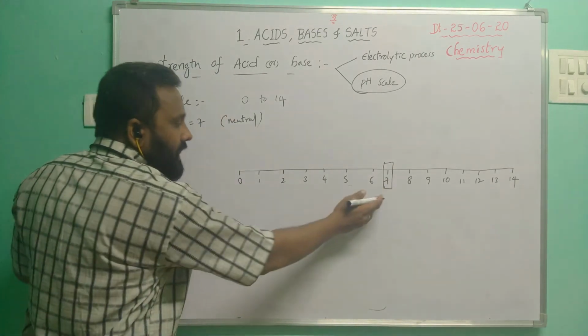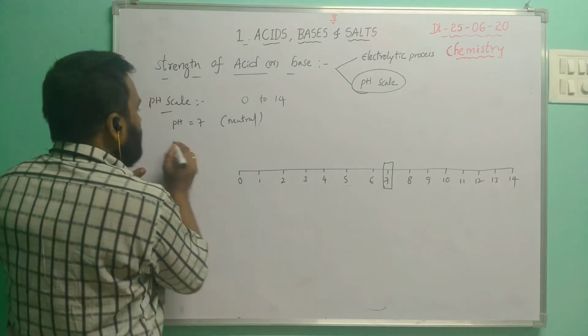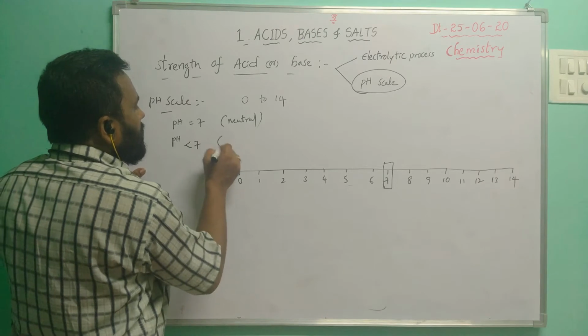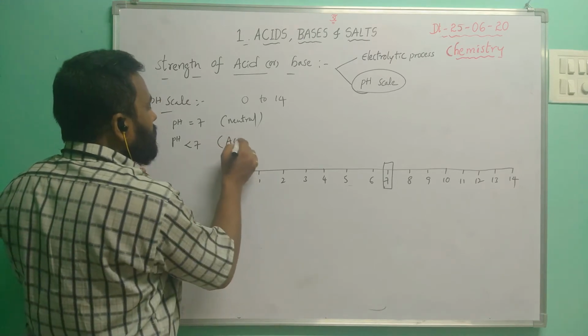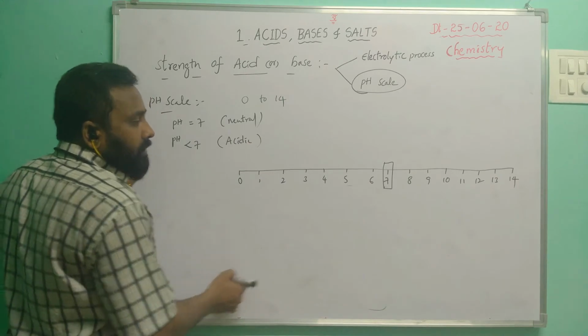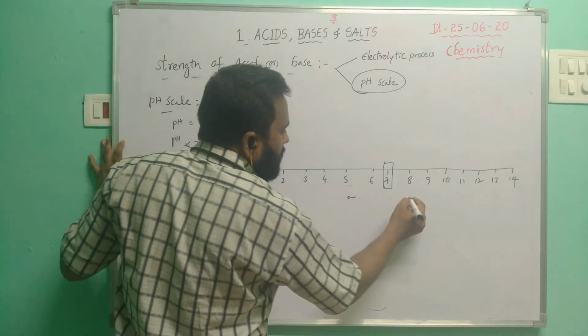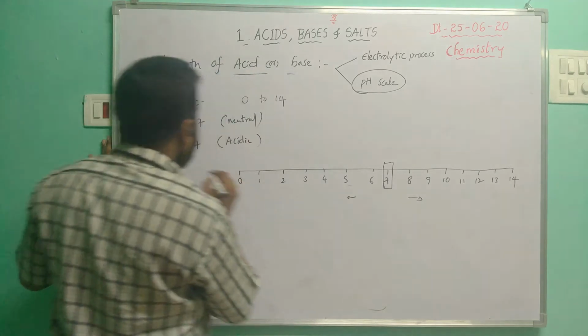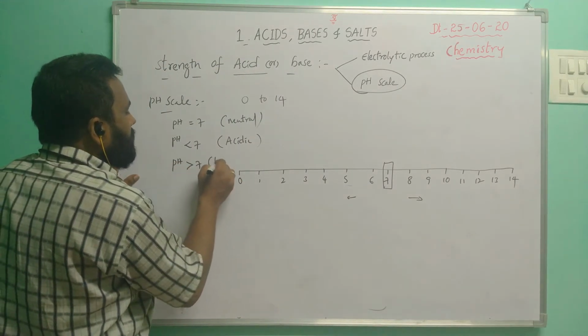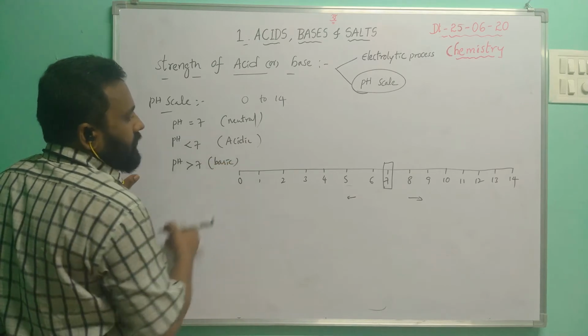pH value less than 7 means the solution is acidic in nature. If pH value is greater than 7, the solution is basic in nature.